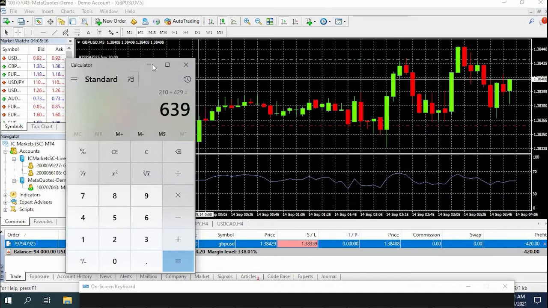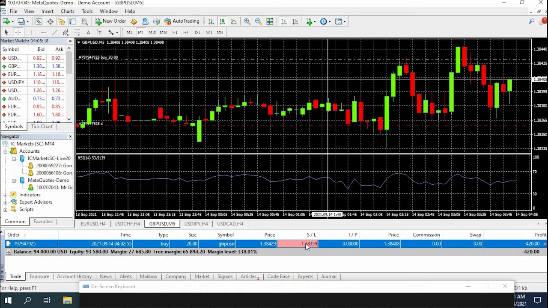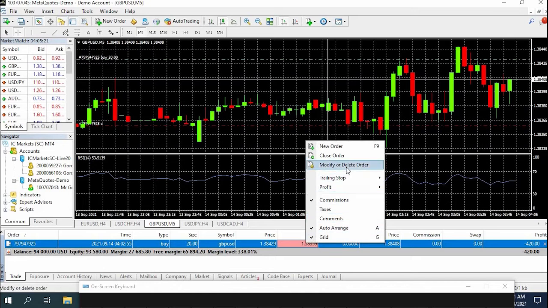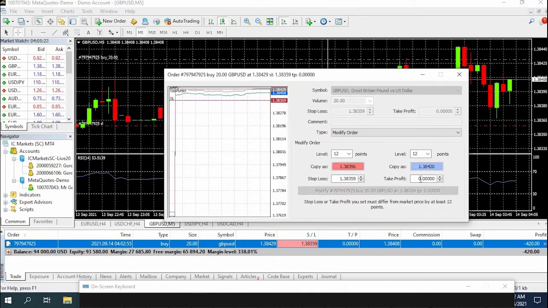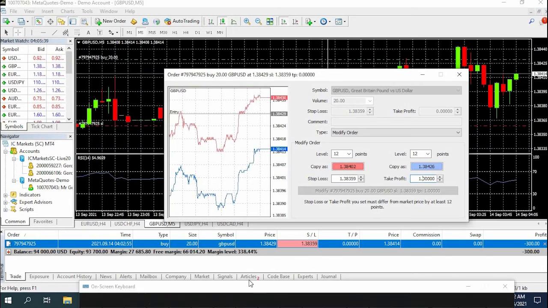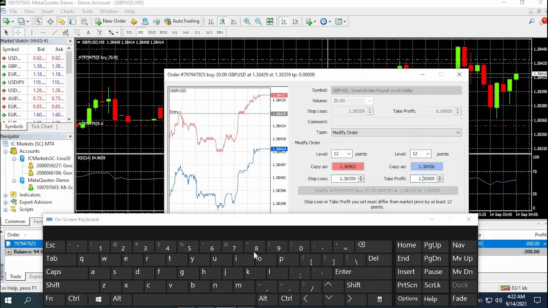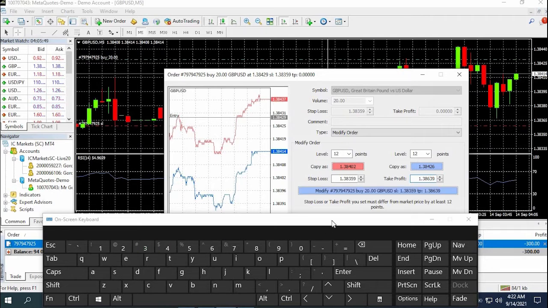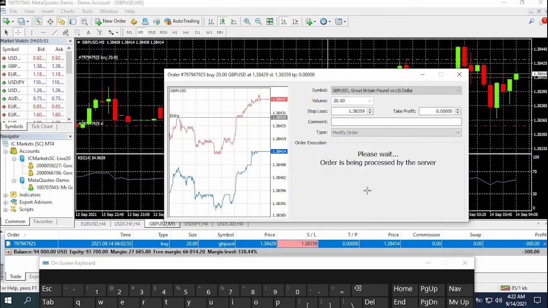So our take profit would be 1.38639, and click modify. So that is our take profit.